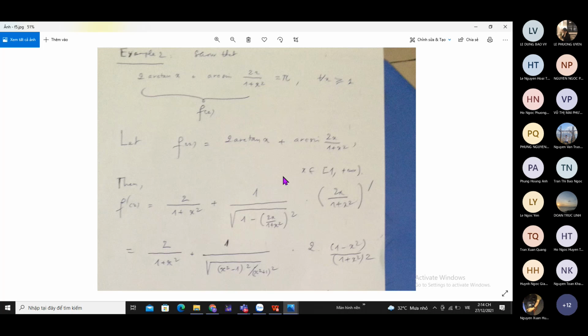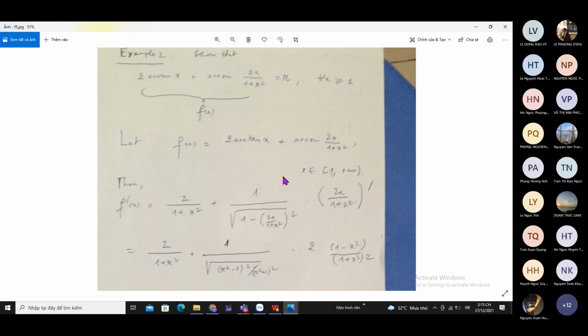So first, it means that the function f must be a constant function. And that's why first we show that f is a constant function. How? We just show that the derivative of the function f equals 0 for any x of the open interval 1 infinity.